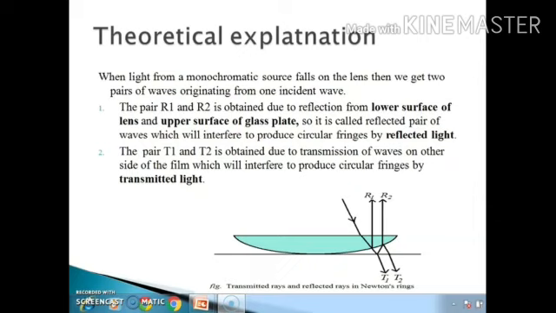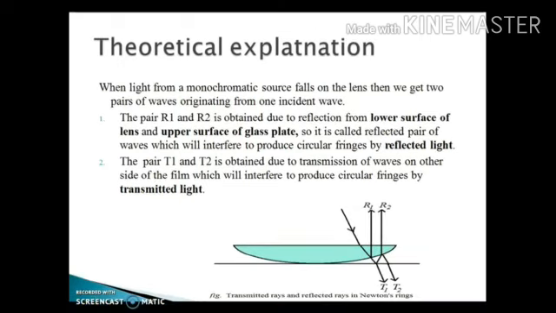So R1 and R2, these two waves will be in 180 degree phase difference. Whenever they interfere constructively or destructively, they will give us the Newton rings. So let us see what are the conditions and how they will interfere to produce the rings.